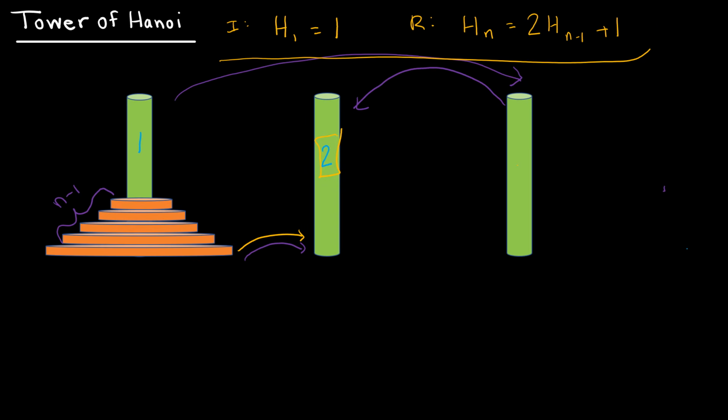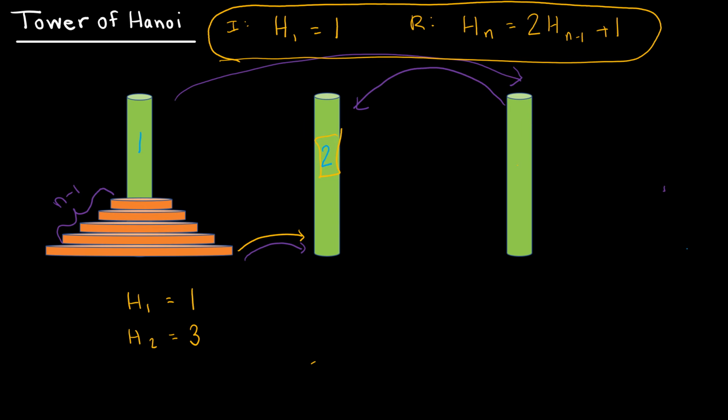So this is my recursive definition, and you might think, well, that's not super helpful, and it's not yet, because again, this doesn't help me unless I want to take the time to say, hey, if I do this with just 1 disk, then it's 1 move. And if I do this with 2 disks, then I have to move the smallest disk over to 3, so that's 1 move, and then the bottom disk to 2, so that's another move, and then the smallest disk back on top to 2, which is 3 total moves.